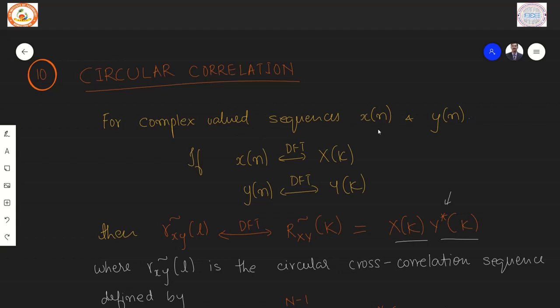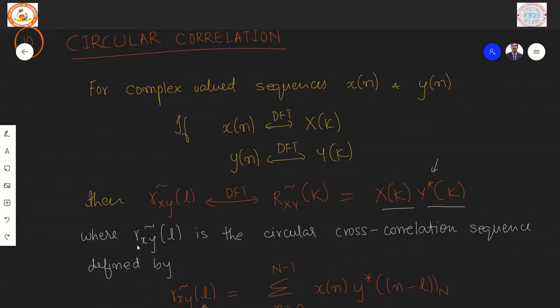If you have complex valued sequences x of n and y of n with the respective DFTs X of k and Y of k, then the correlation between x and y is indicated symbolically as Rxy tilde of L, whose DFT is capital Rxy tilde of k, which is equal to X of k into Y conjugate of k according to this particular property. So we see that we multiply the DFT of the two, the second one happening to be conjugated. So this is something like the circular convolution that we have studied.